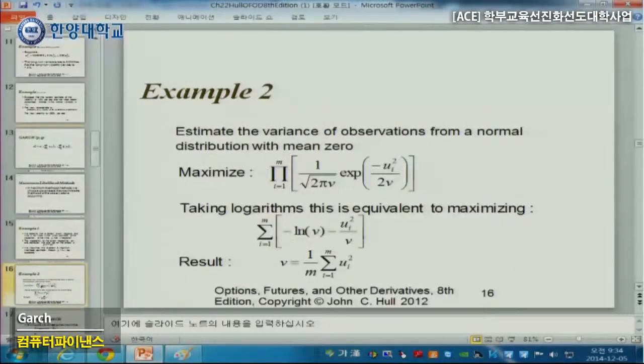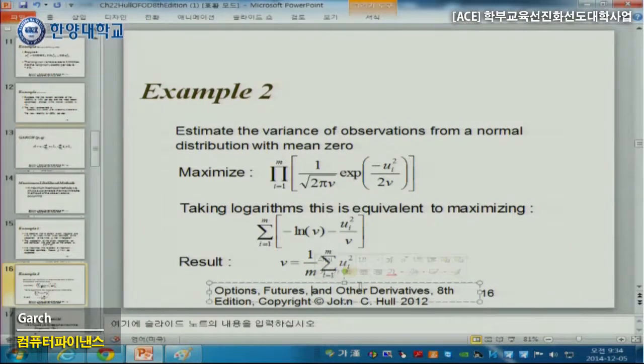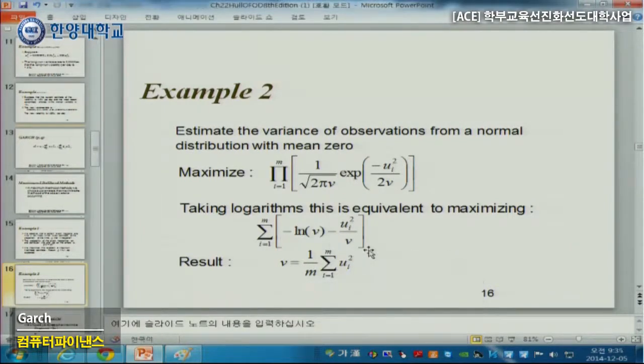Right? And then about estimating volatility. Suppose we have a time-varying constant volatility, and we estimate the variance from observations from a normal distribution with mean 0.